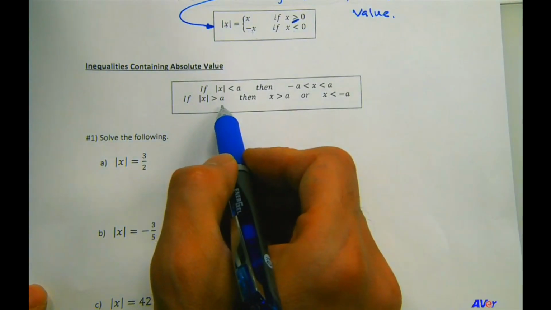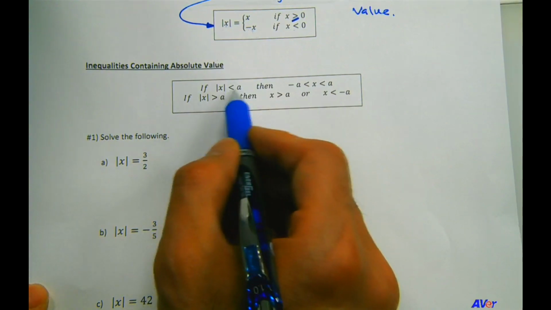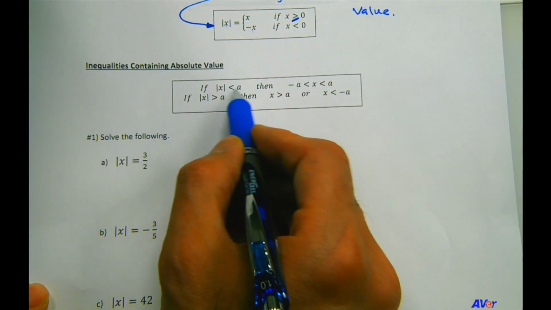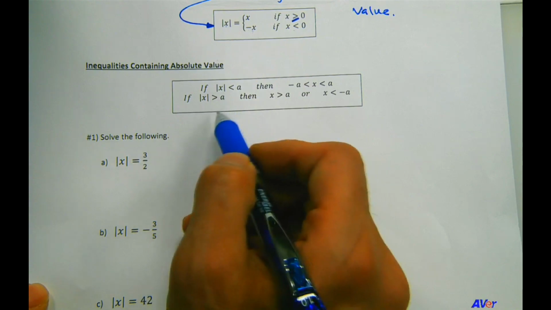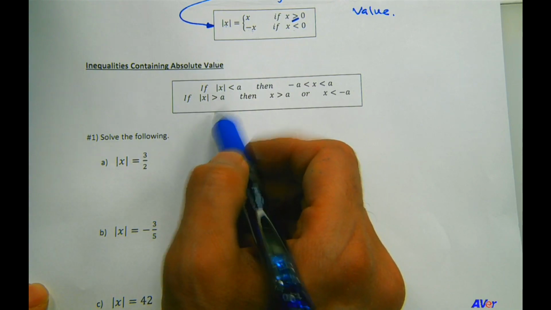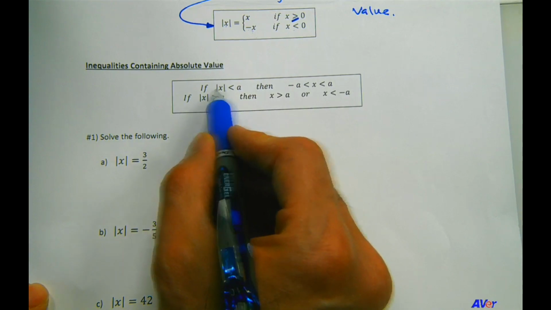But for inequality, we've learned in previous videos, previous sections, that when you multiply the inequality by negative 1, the inequality will change direction. That's the thing you've got to remember. Okay?